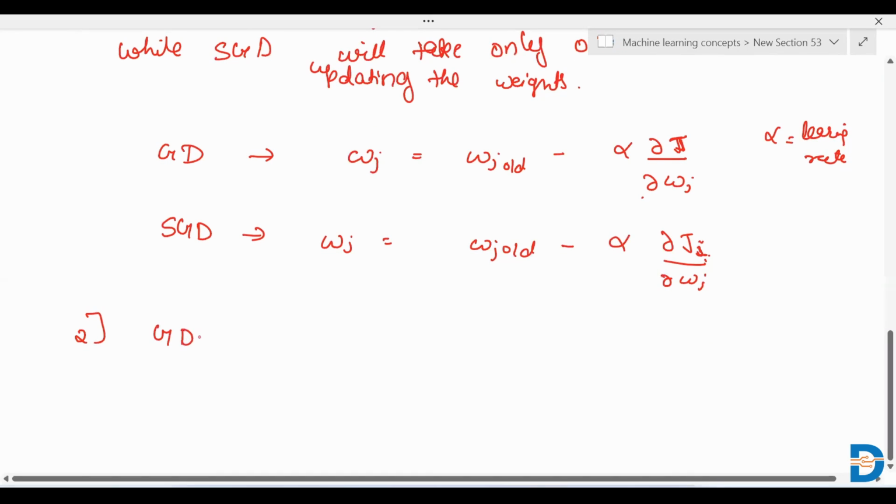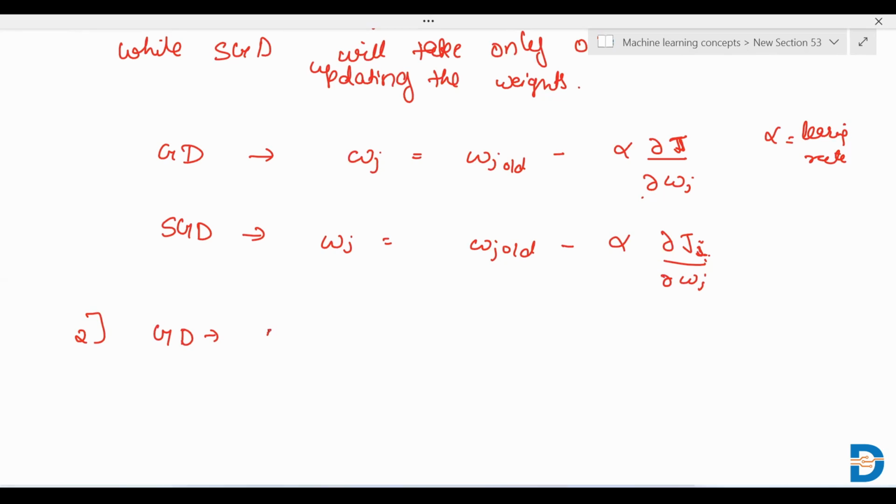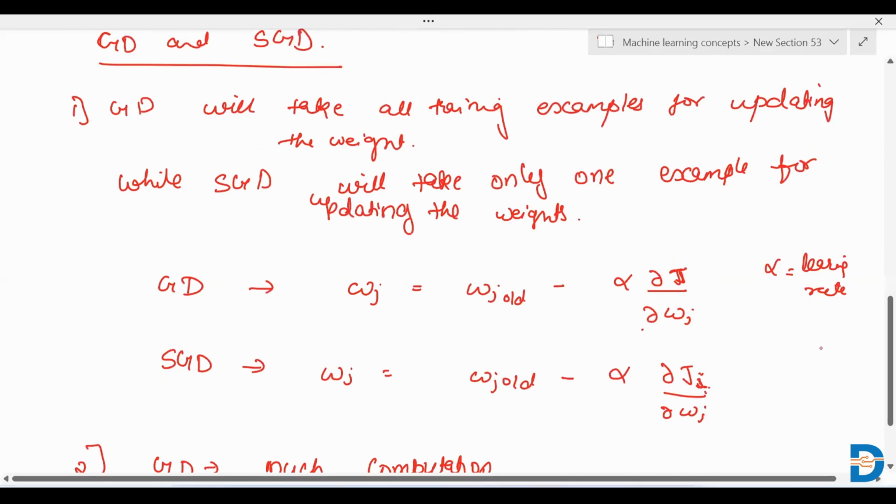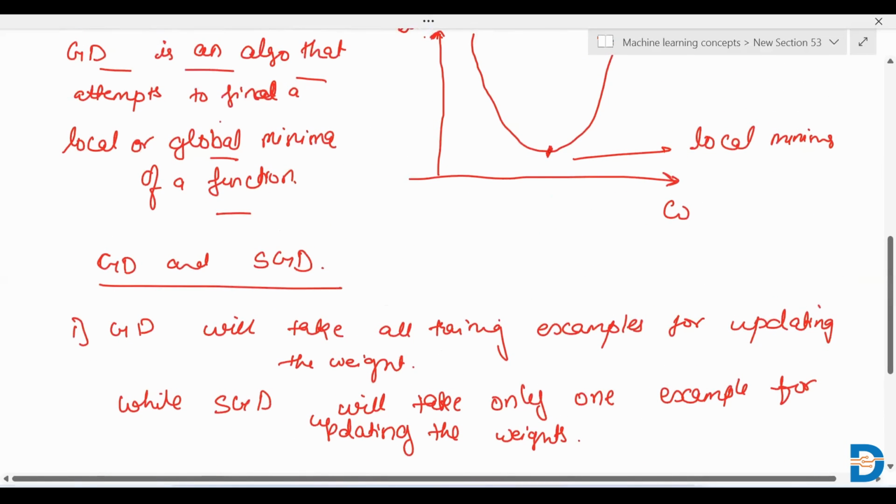The next difference is that in GD, so much computation is involved, as it is considering all the examples. While in SGD, less computation is involved, so it is a faster algorithm than GD. Because it is considering a single example, it is faster than GD, meaning it will find the local minima faster.